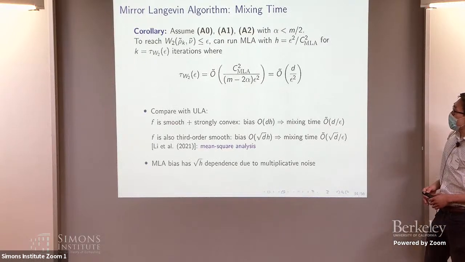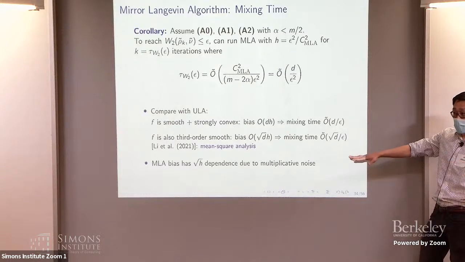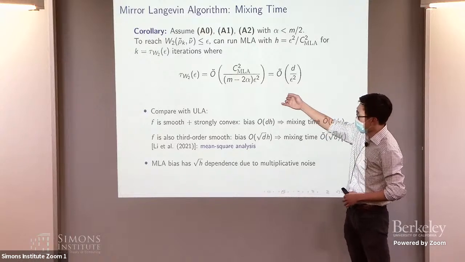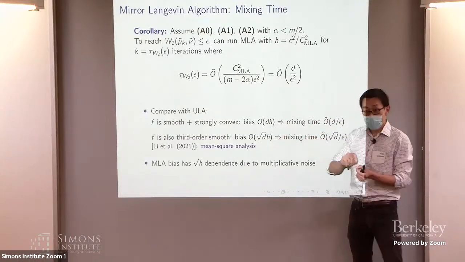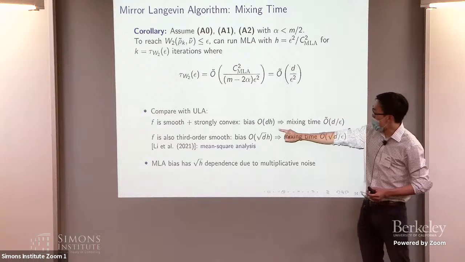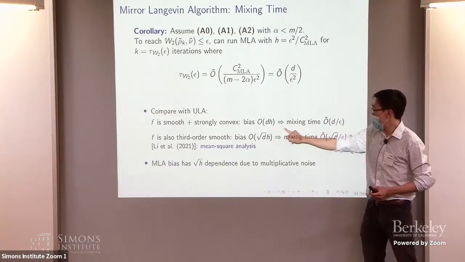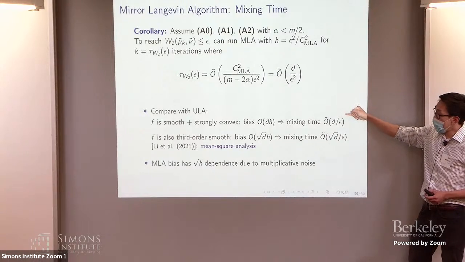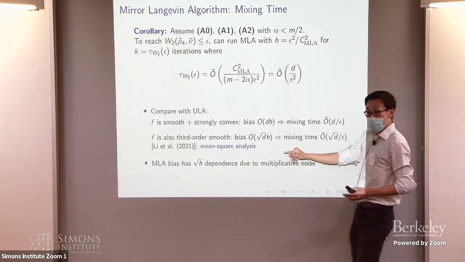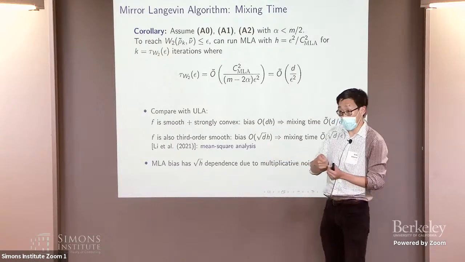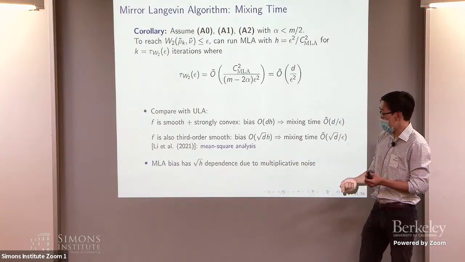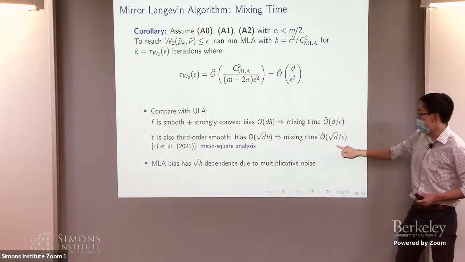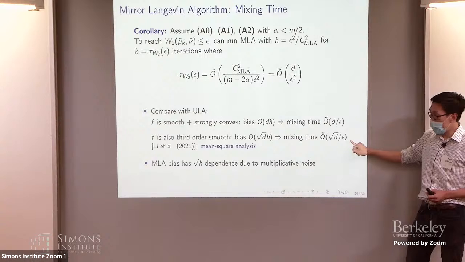If you compare this with ULA in the unconstrained Euclidean setting, a typical result is that under smoothness and strong convexity, the bias scales as dimension times h, so the mixing time bound is d over epsilon. A more recent result by Lee et al. shows that if you also have a third-order smoothness condition, then you can improve this dimension to square root dimension, giving a mixing time bound of square root d over epsilon.